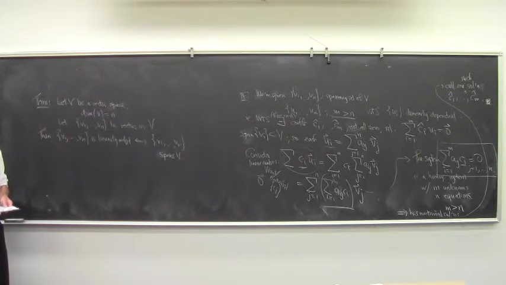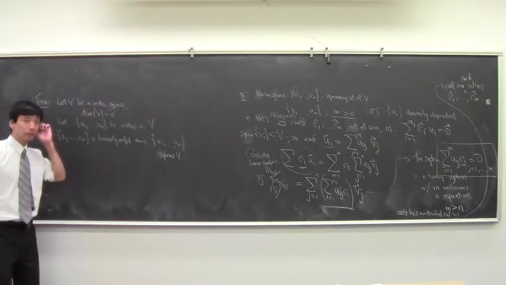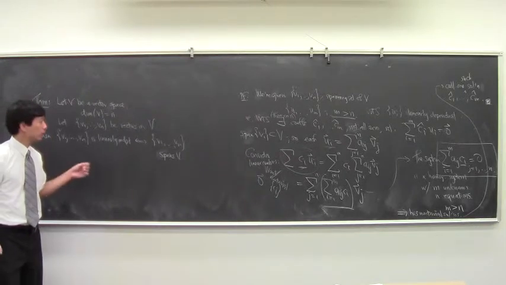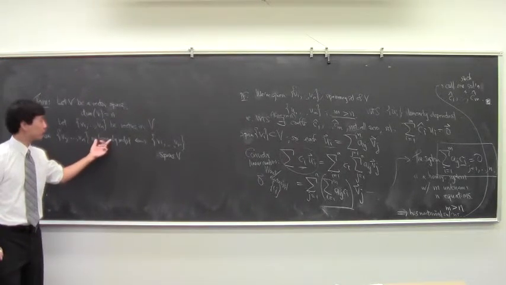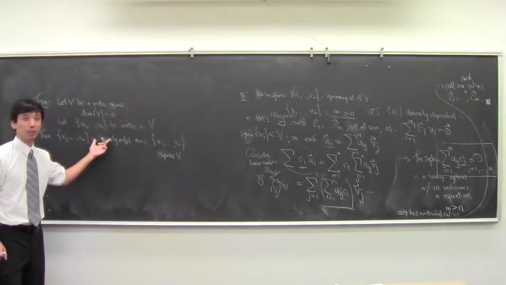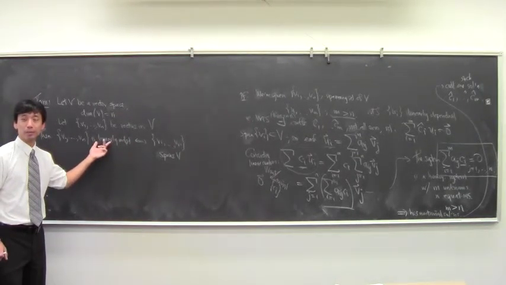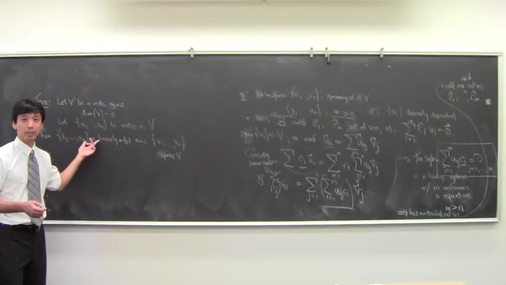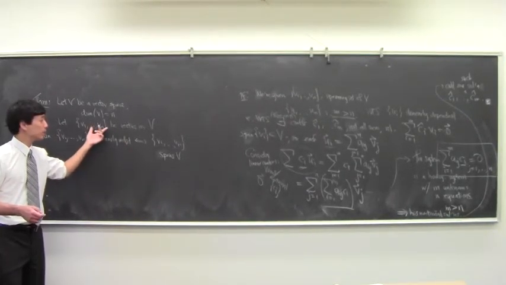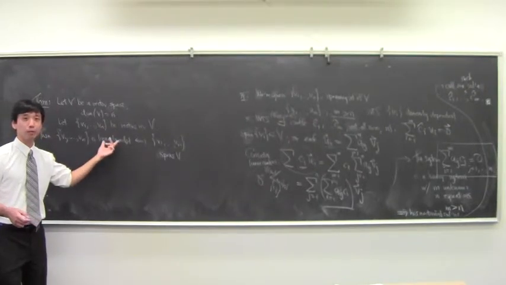So that is, if it's the right size already, then being a basis, you just have to know one of these facts, because one will imply the other. Normally to show that something is a basis, you need to show that it's both linearly independent and spanning. But if it's the right size already, then being linearly independent is equivalent to being spanning.